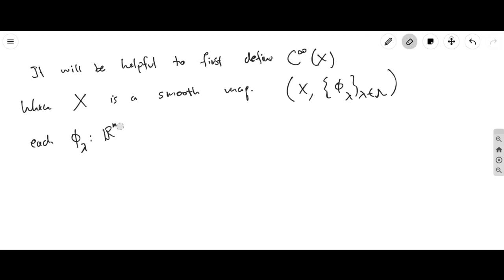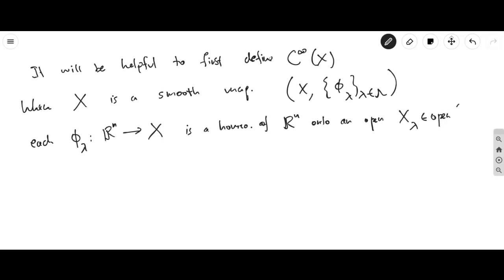So unlike in a triangulation where the dimension of the simplex depends on lambda, in an atlas they're all the same dimension. So you're mapping Rn into X, where each is a homeomorphism of Rn onto an open subset.